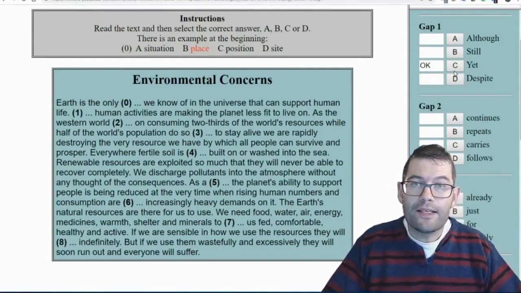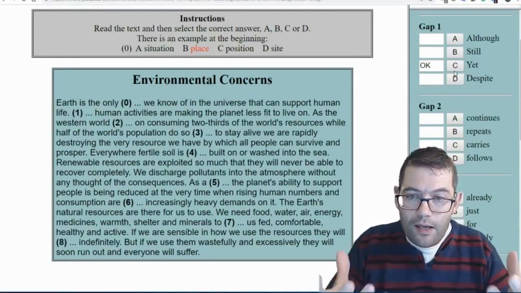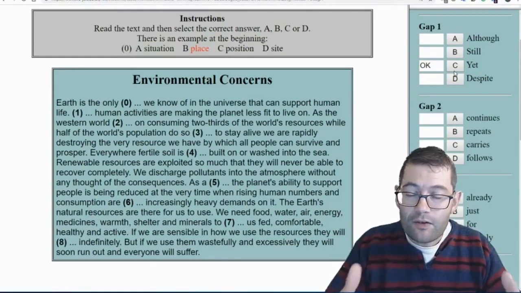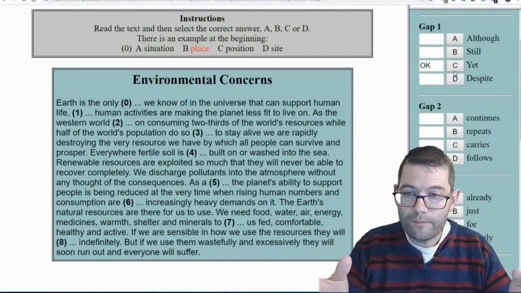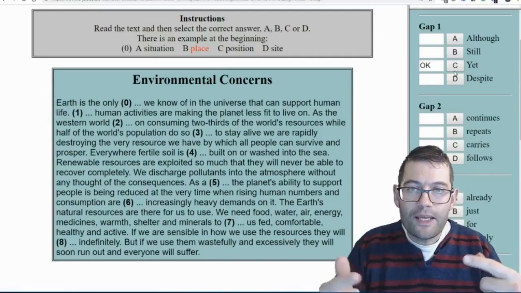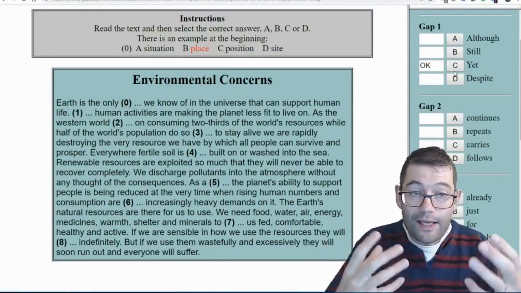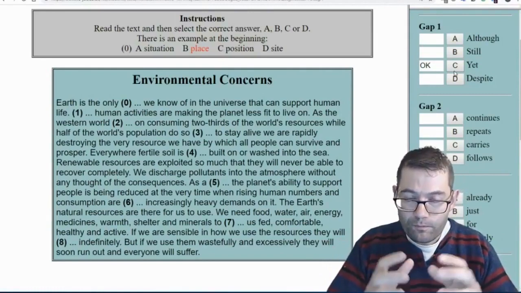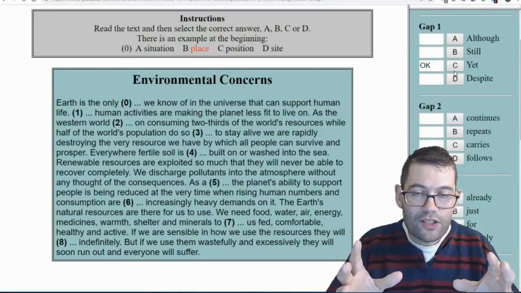Because yet is a conjunction that suggests a contrast. That contrast being Earth is the only planet that supports human life, but human activities are making the planet less fit to live on. So there's a contrast there, and yet is the only correct answer that suggests a contrast.